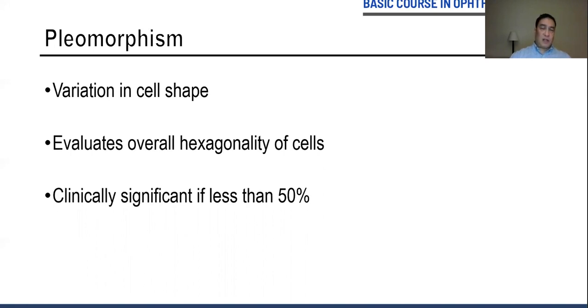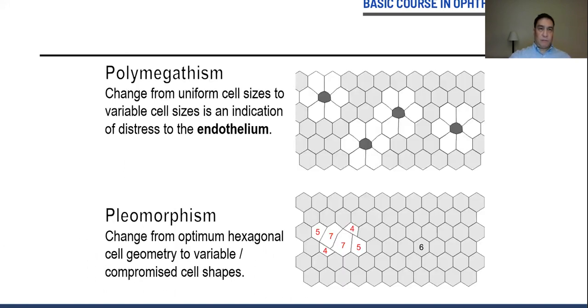As long as the hexagonality is 50% or more, we consider that normal. If you look at the distribution of cells in this diagram, polymegathism is a change from uniform cell sizes to variable cell sizes, and this is an indication of distress to the endothelium. Pleomorphism is a change from optimum hexagonal cell geometry to variable, compromised cell shapes, as you can see here.